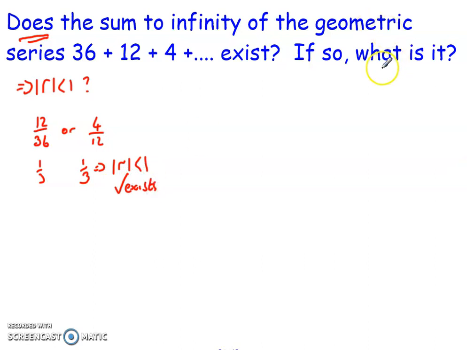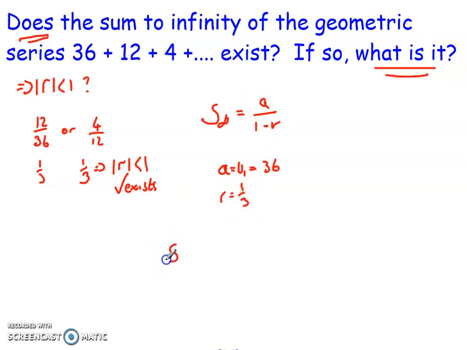Now we have to say to ourselves, what is it? Well, we know that S infinity for a geometric series is given by a over 1 minus r. What we need to figure out is what a is and what r is. We know that a is our first term u1, which in this case is 36, and r, we've just calculated, is a third. So substitute it in and we get what we're after.